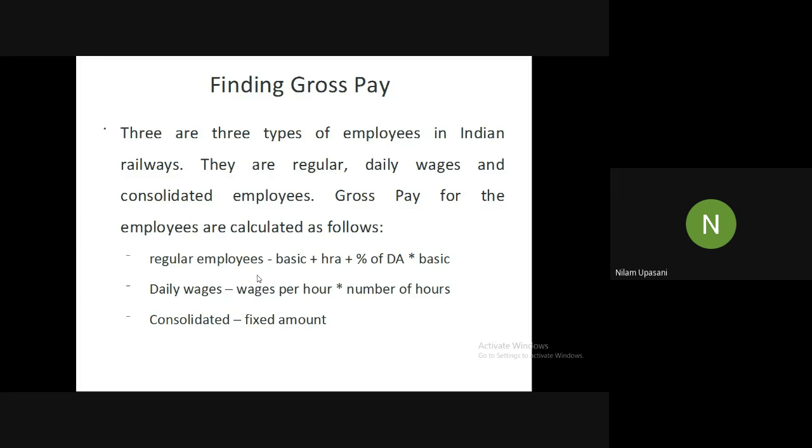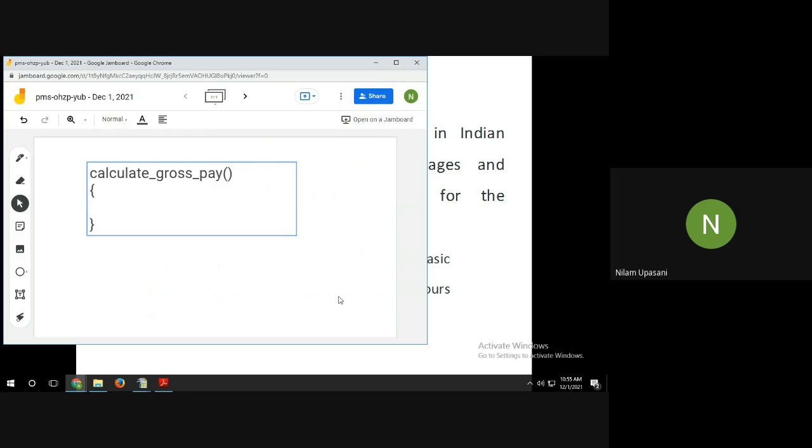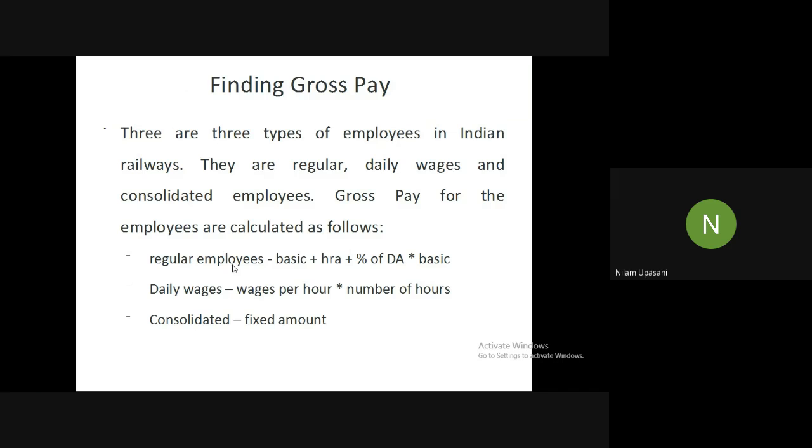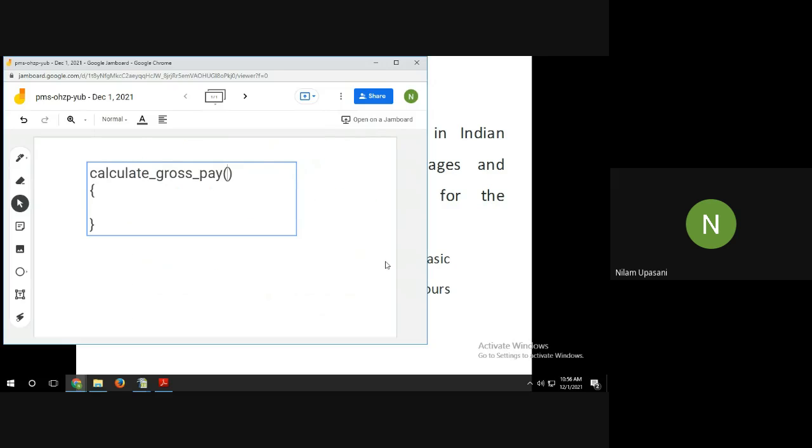If it is daily wages, then these two are the inputs. So my question is, can we write a common function over here, one common function that takes all the inputs? Is it possible? For calculation, if it is a regular employee, we need basic, HRA and DA.